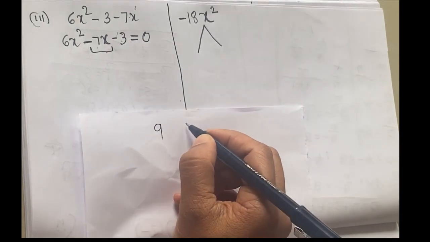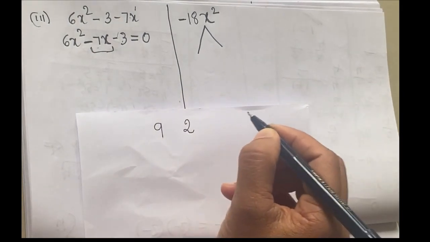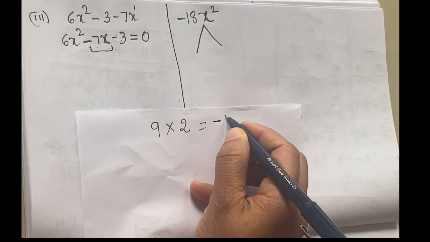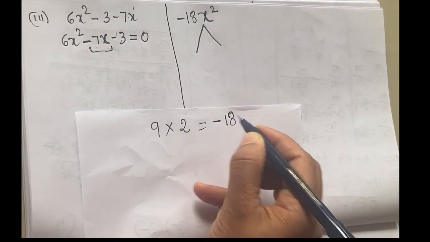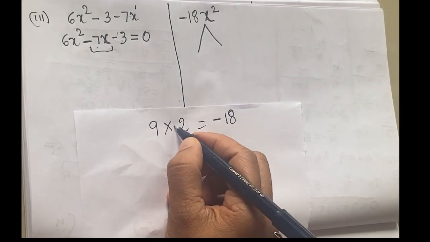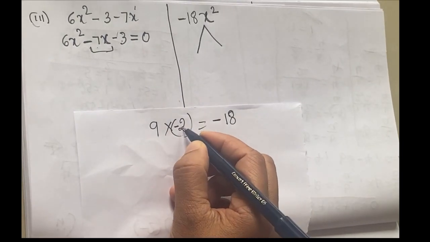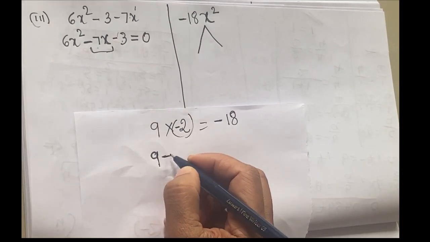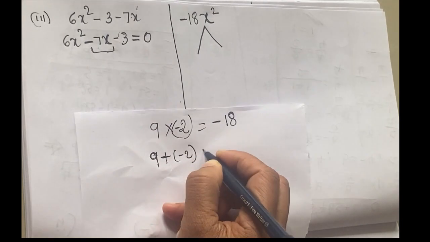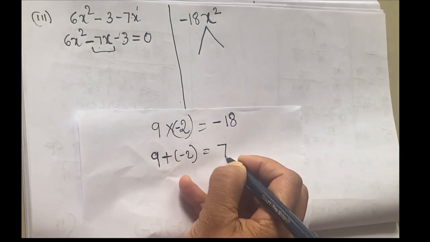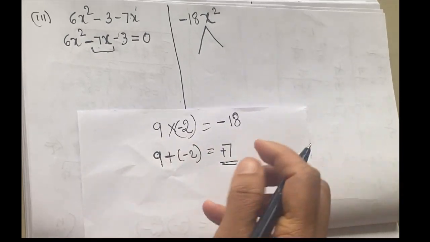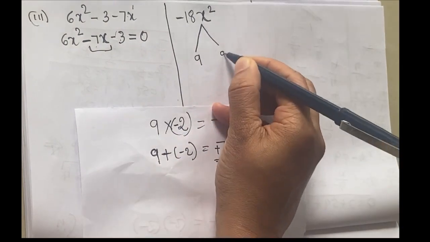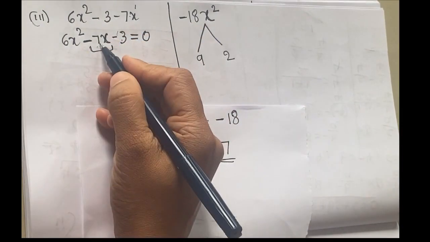9 and 2. If I multiply these two, I need to get minus 18, and if I add these two, I need to get minus 7.